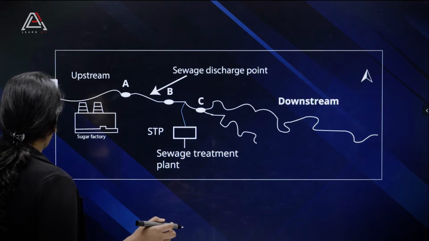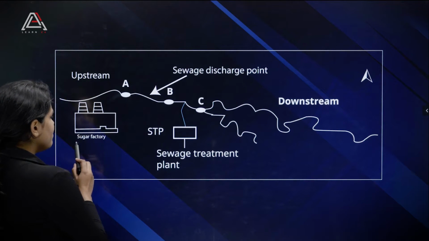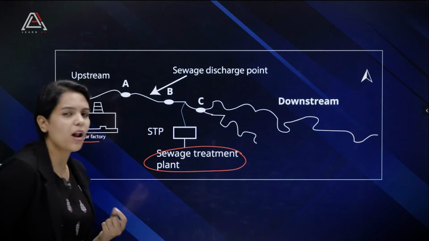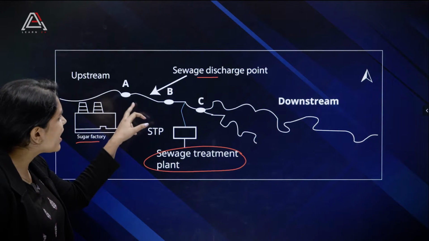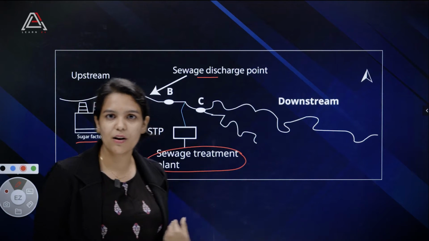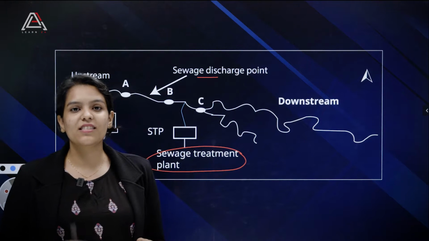So let's just see the image. Try to understand what is provided in this image first. Okay, so there is a sugar factory which is given, and there is a sewage treatment plant, and there is a sewage discharge point between the points A and B, and the water is flowing from upstream to downstream. Okay, so in the question they have asked what is this indicating.